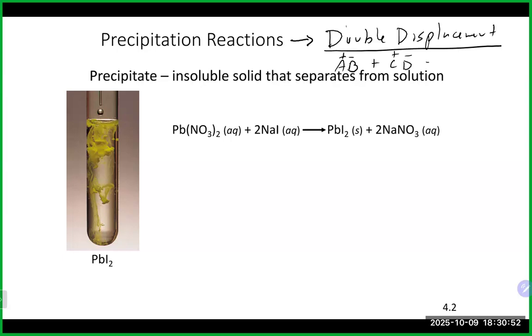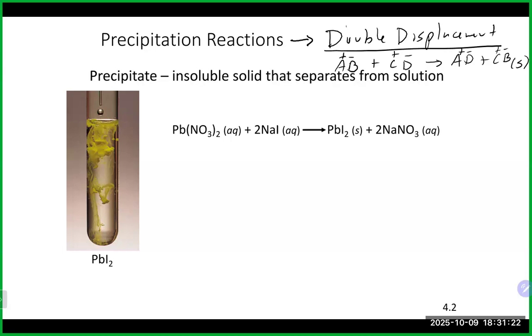As we talked about earlier, they switch partners and make two new ionic compounds on the other side. And one of those ionic compounds, when they come together, will make a solid. Hence the more specific name for this type of reaction, which is known as a precipitation reaction. So a precipitation reaction is a specific classification of a double displacement reaction. They're both double displacement reactions. It's just one way of classifying it.